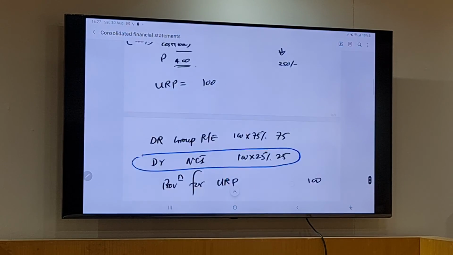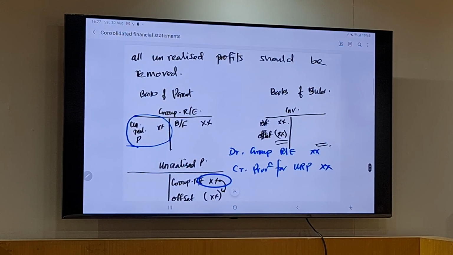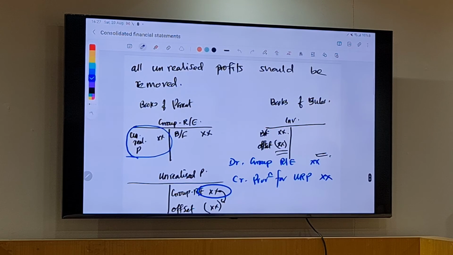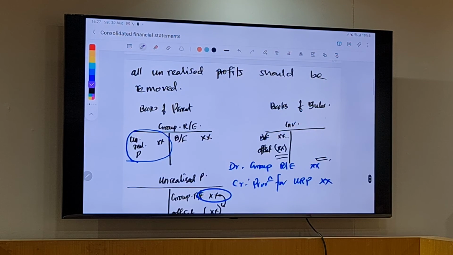See here, from the inventory, whatever the amount of unrealized profit, you have to take it out. Okay, but 3 from here? Yeah. See, now you need to think about double entry. Now I only removed from the profits. So I also need to remove from the assets.